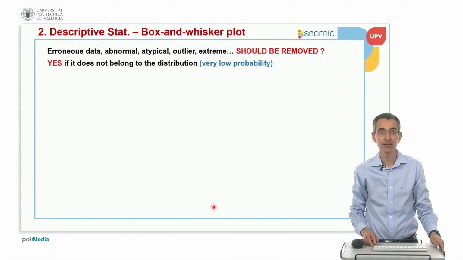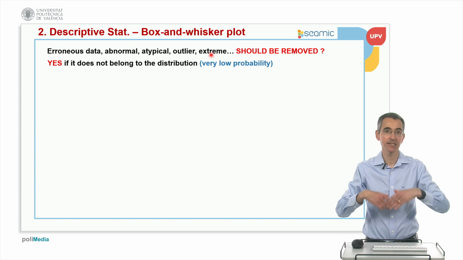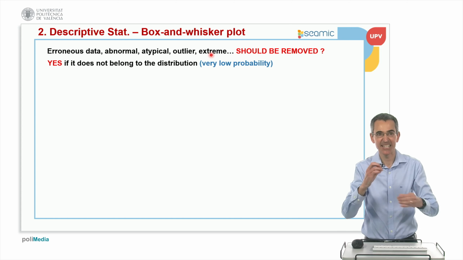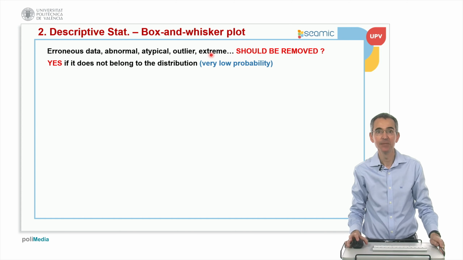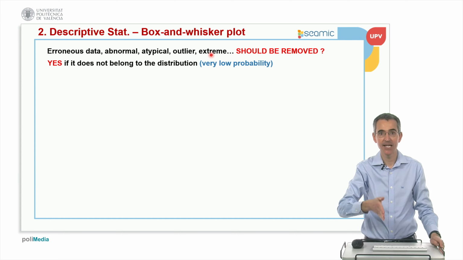Okay, so we can have extreme, erroneous data, abnormal, atypical, outlier, extreme. So in statistics, we use different names, and everybody can apply slightly different concepts. But the key issue is: should we remove that value, yes or no?